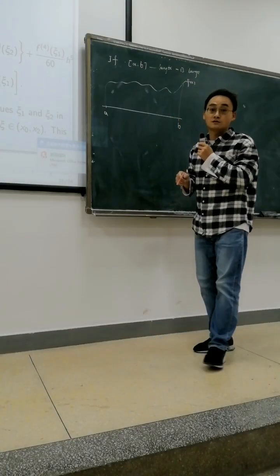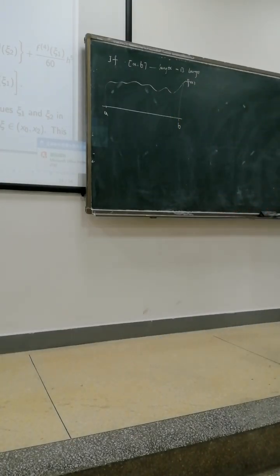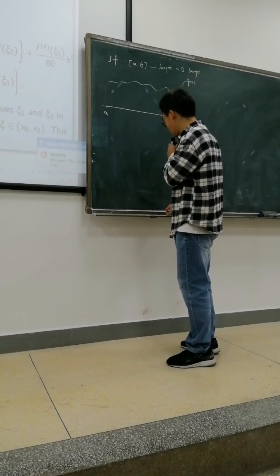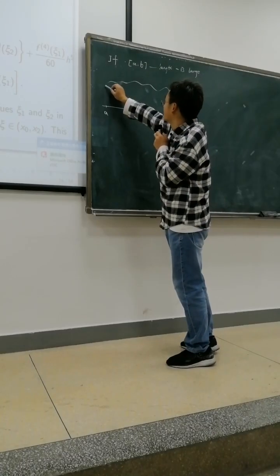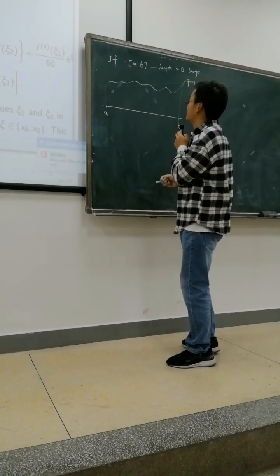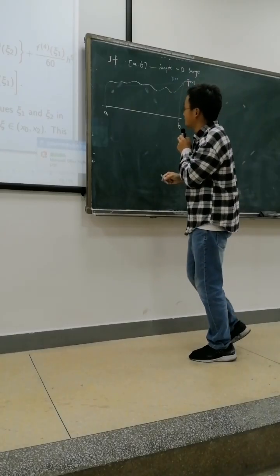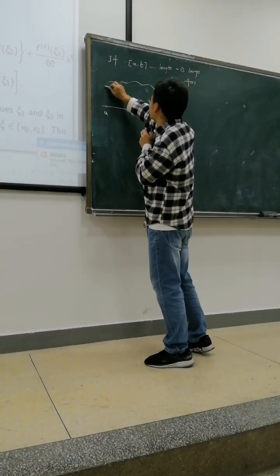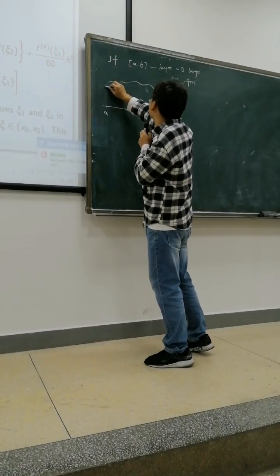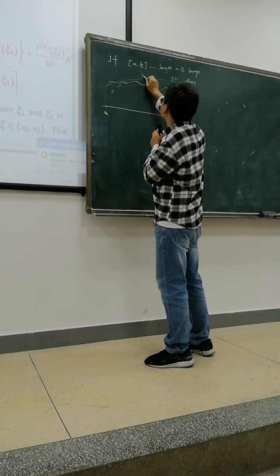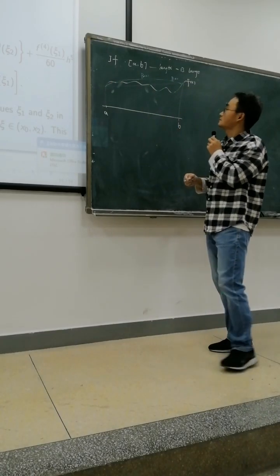Can we take the trapezoid rule, just using a function like this, P1 of x, or take Simpson's rule with P2 of x like this?